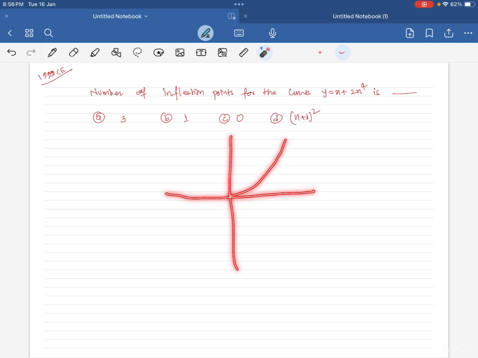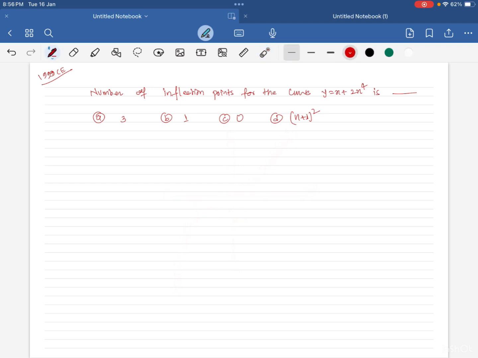So let's assume this curve: on this side it is concave up and on this side it is concave down. So it is changing its concavity at x is equal to 0. So this is the inflection point for this curve. How can we find this algebraically? For that we will have to check the double derivative.